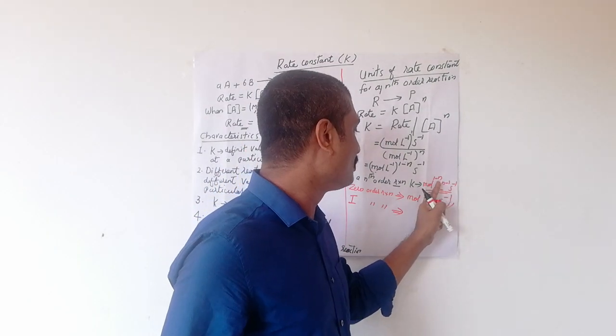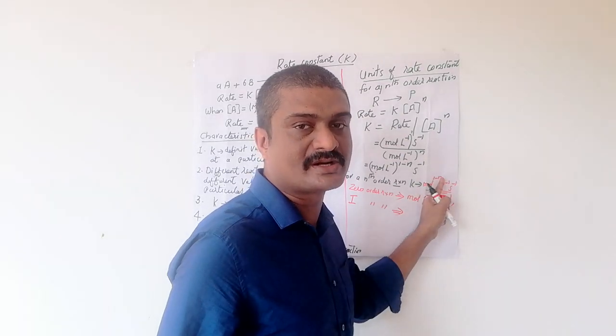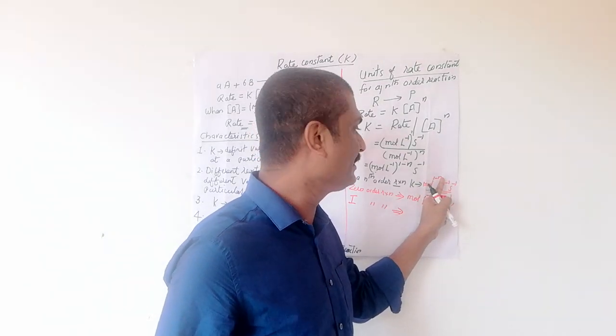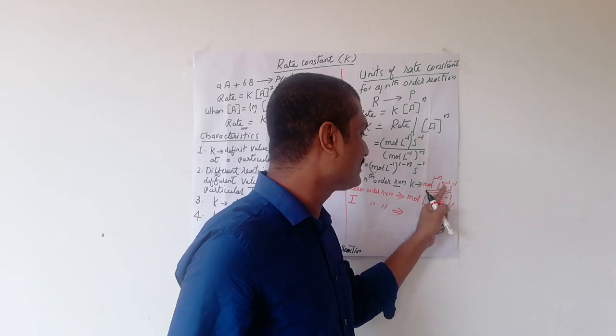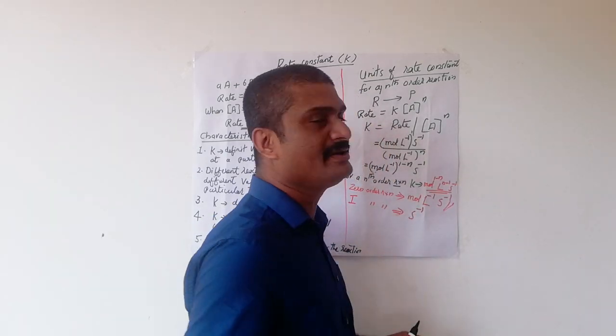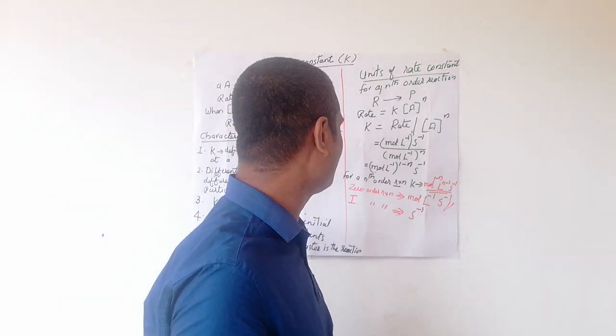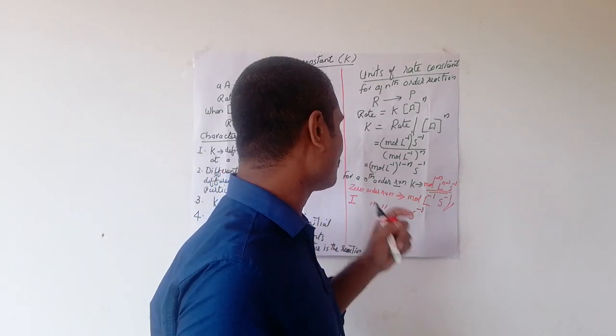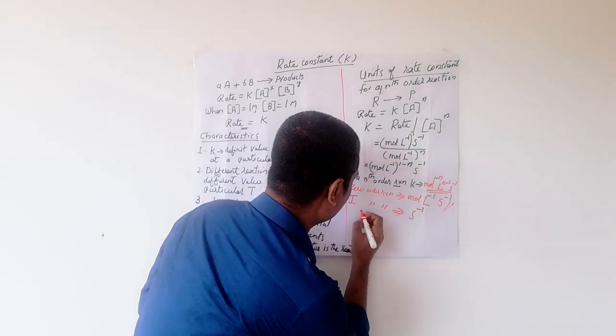Then for a first order reaction, the value of n equals 1, then mol raised to 1 minus 1 means mol raised to 0 means 1, liter raised to 1 minus 1 means liter raised to 0 means 1, that means second inverse. That is, time inverse is the unit of rate constant for a first order reaction.